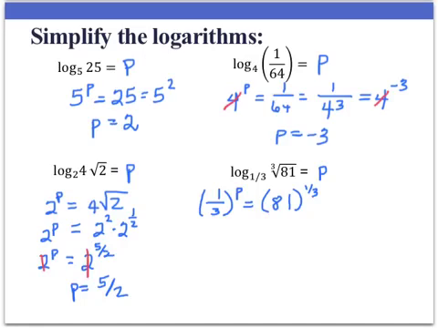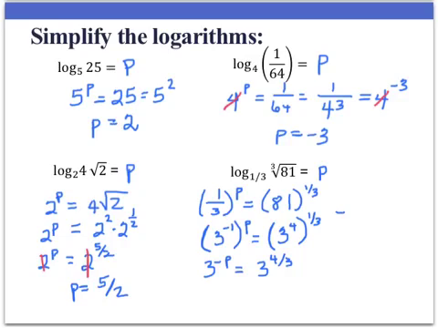I want to bring that 3 up and go 3 to the -1 raised to the p power. And then I'm going to have 3 to the 4th raised to the 1/3. So that gives me 3 to the -p equals 3 to the 4/3. So that gives -p equals 4/3, which means p, the power, is -4/3.